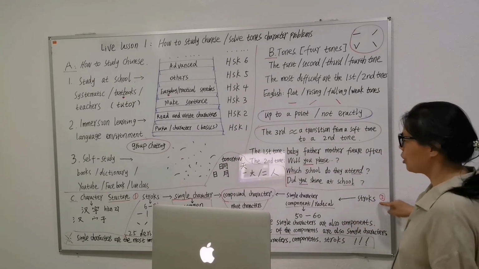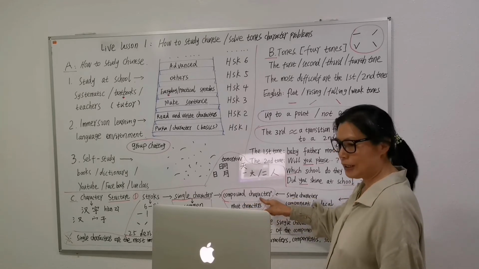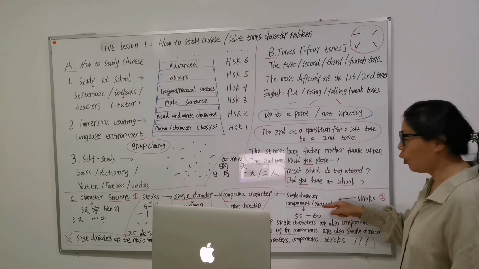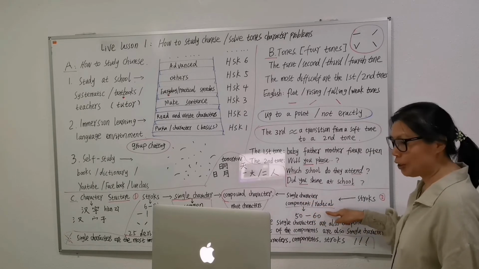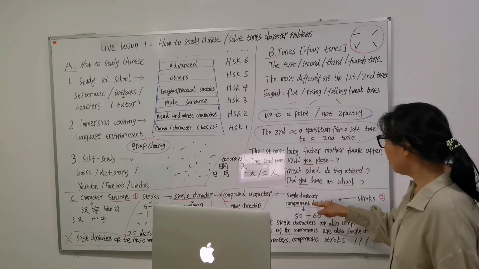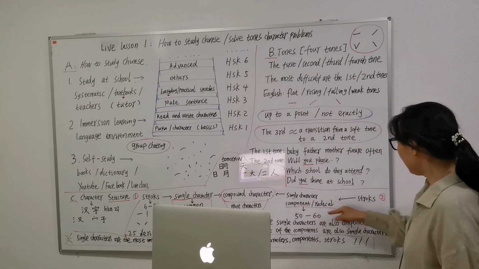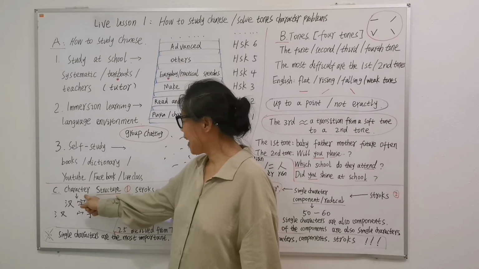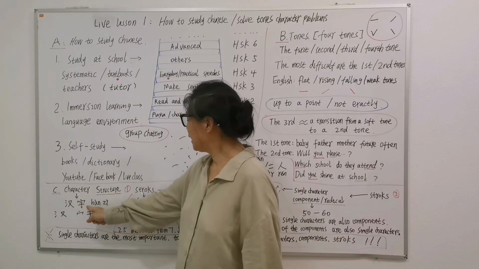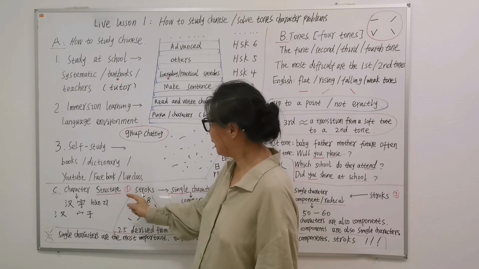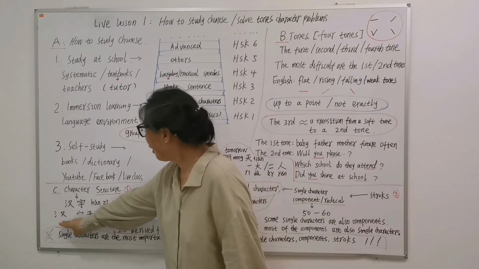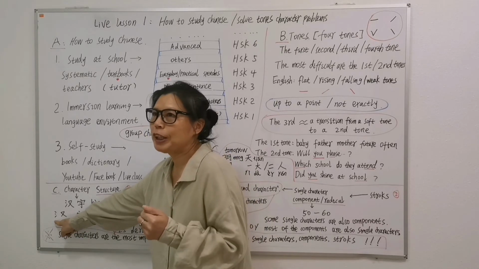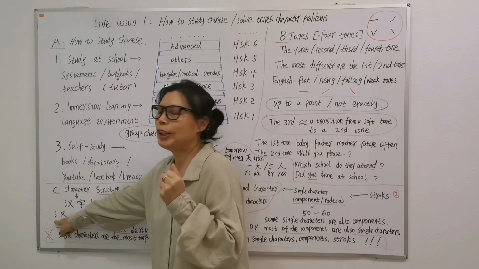Now we learn another structure. The second structure, still a compound character, is made up of a single character with a component, or a single character with a radical. And you know single characters or components are made up of strokes. Now look at here. Character in Chinese is 汉字. 汉 is made up of two parts. This is a single character, also a radical.